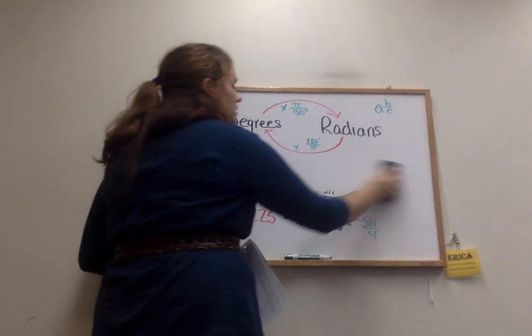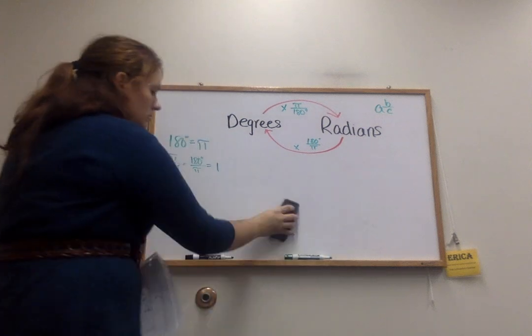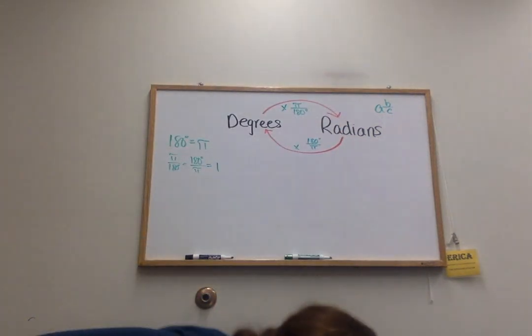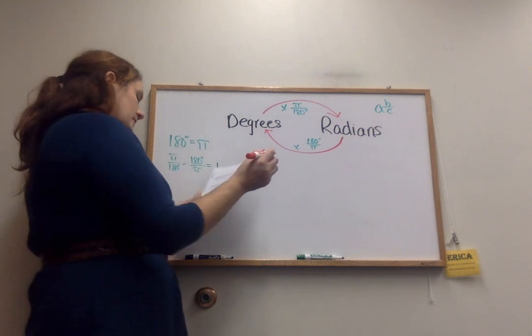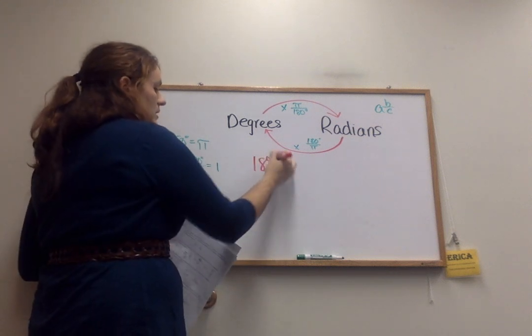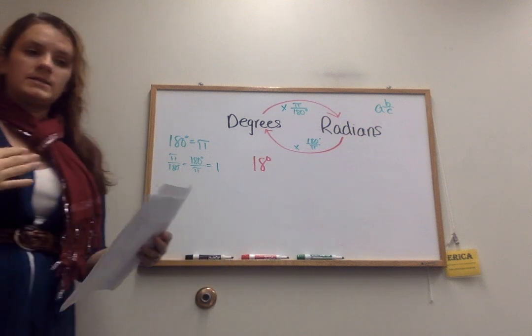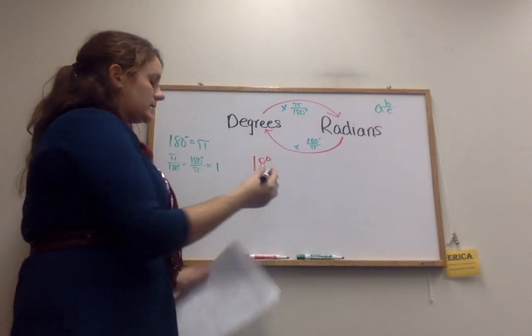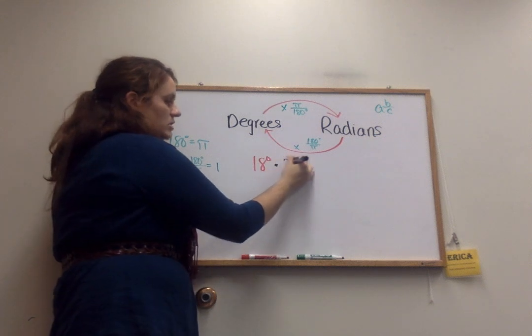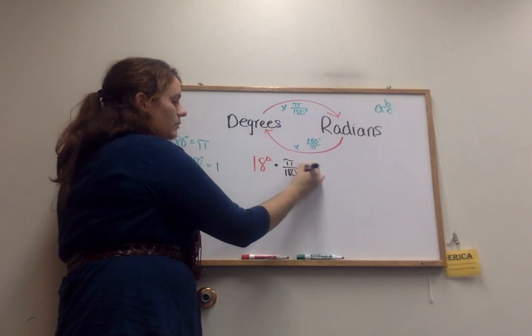But not always. Sometimes they may ask you to just find the decimal approximation for an angle. Okay, so we could have something like 18 degrees, and they just want to know what is that in radians, to the nearest, we'll do 2 decimal places. Process doesn't change. It's still multiplying by pi over 180.